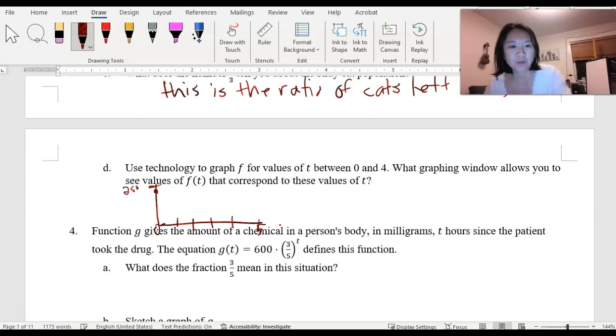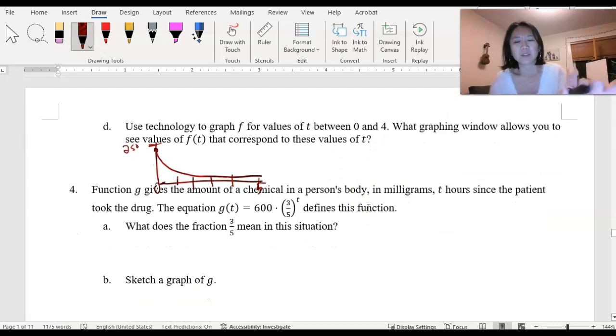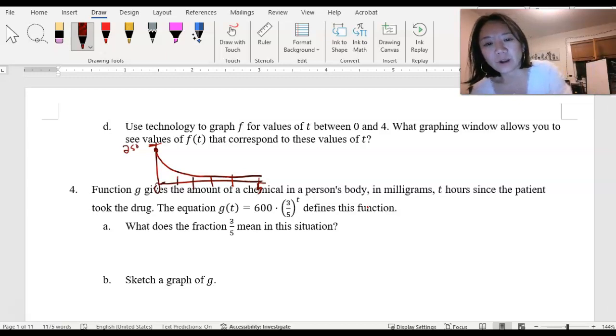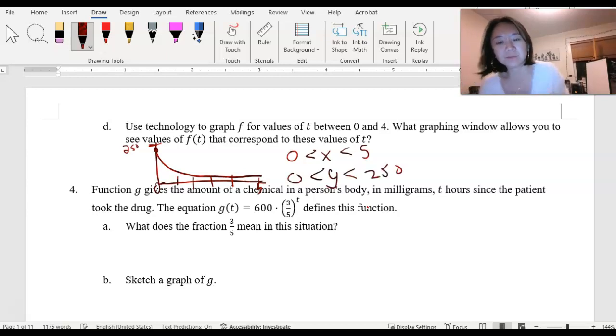Starting value is 243, so a little bit below that, and then it's slowly, or rather quickly, decreasing and getting closer and closer to 0. So the graphing window is where x is less than 5 and greater than 0. That's our x-axis here. And then y is less than 250 and greater than 0.